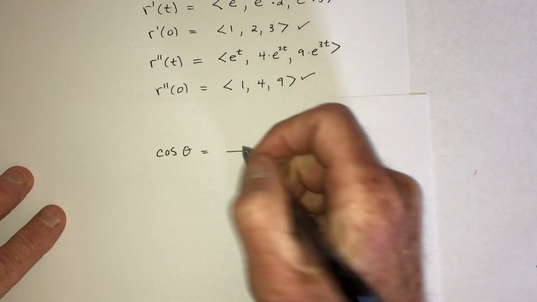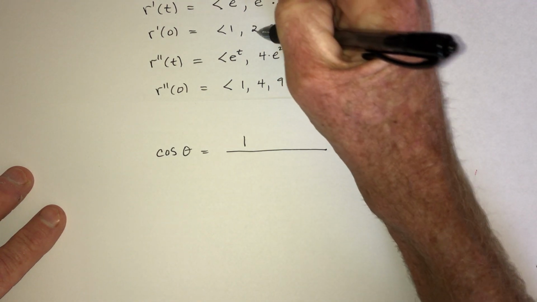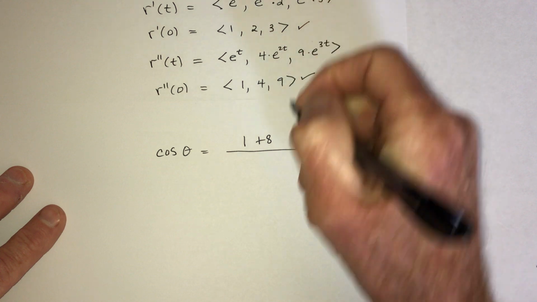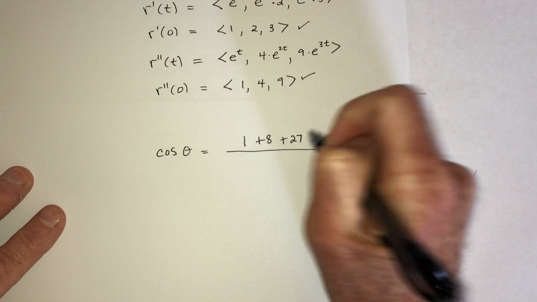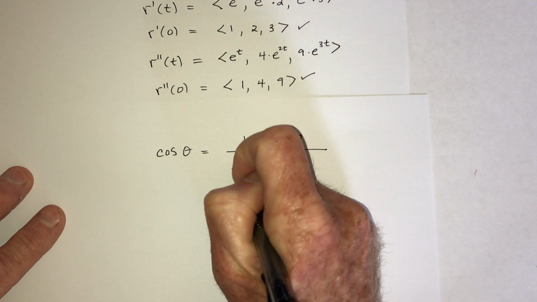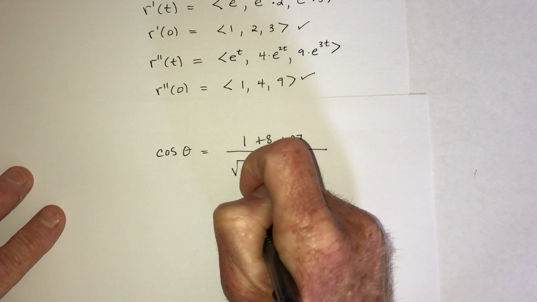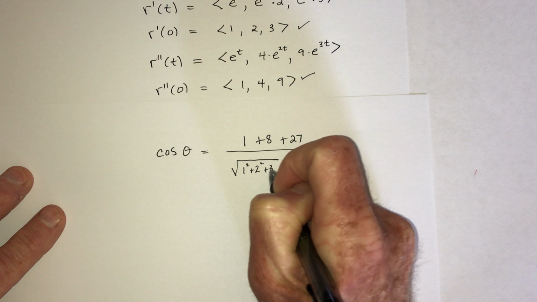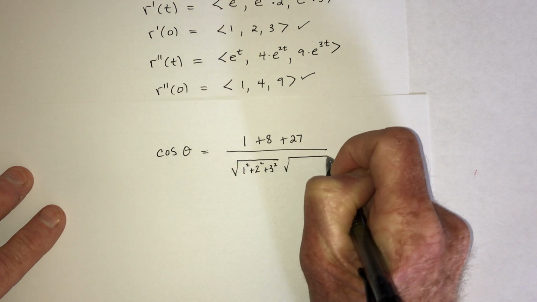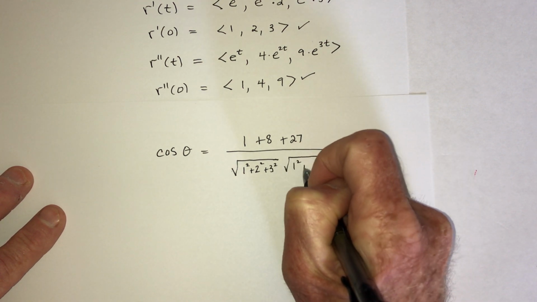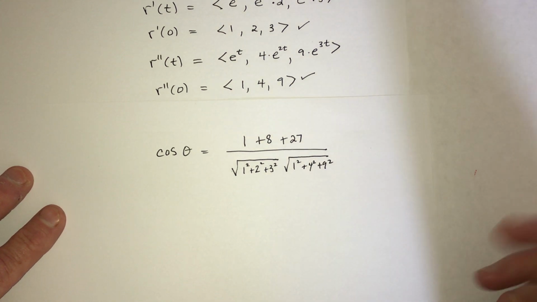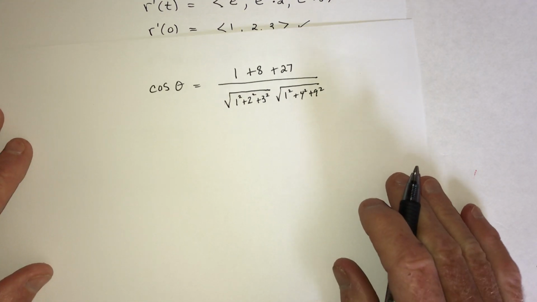So 1 times 1, 2 times 4, 3 times 9, and then find the length of each vector. So it's going to be 1 squared plus 2 squared plus 3 squared inside a square root, and then also 1 squared plus 4 squared plus 9 squared inside of a square root. And then take cosine inverse.